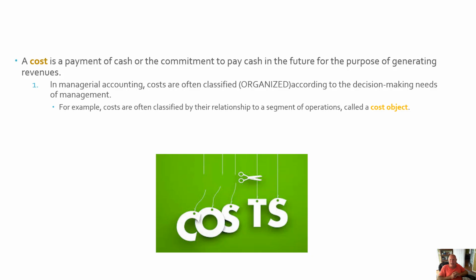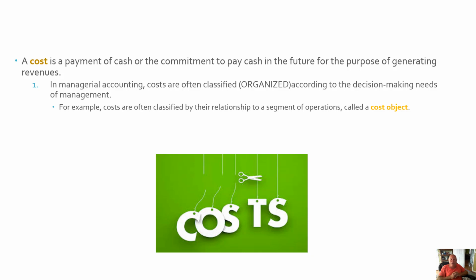But we're going to try to keep this fairly simple because once you understand the concepts, it's repetitive. If I can figure it out for one volume driver, I can figure it out for all of them. A company may have 10, 20, 30, 5,000 products, and these are all cost objects, volume drivers.